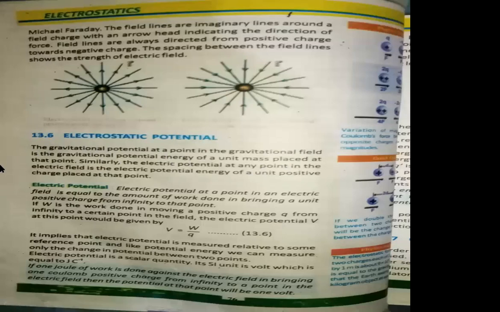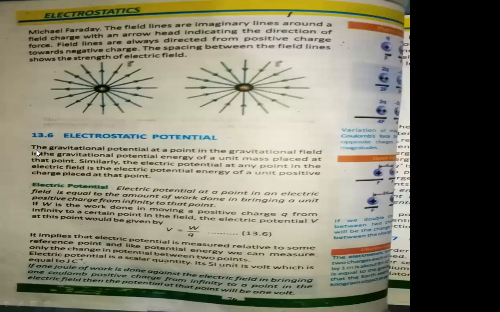The gravitational potential at a point, the electric potential at any point. This will be in the gravitational field, this will be in the electric field. Here it is unit mass, here unit positive charge.